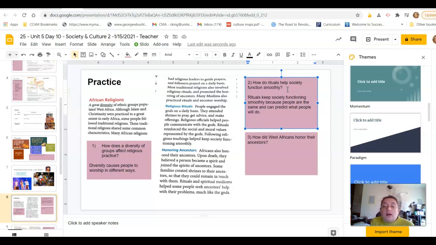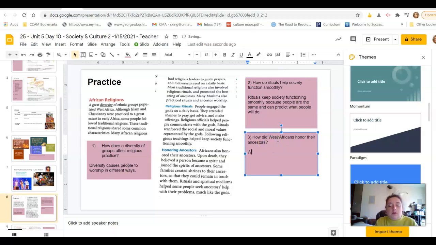Number 3, how did West Africans honor their ancestors? You're going to find that in this last paragraph here where it says honoring ancestors.